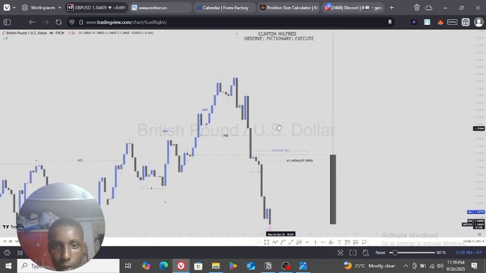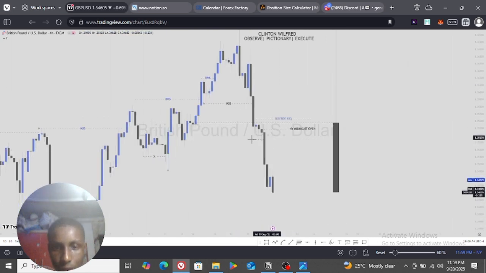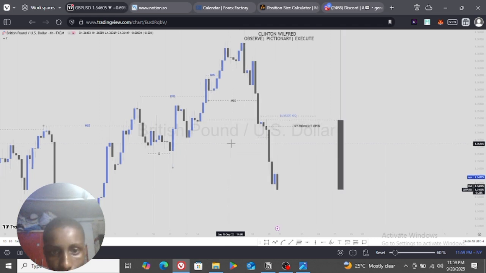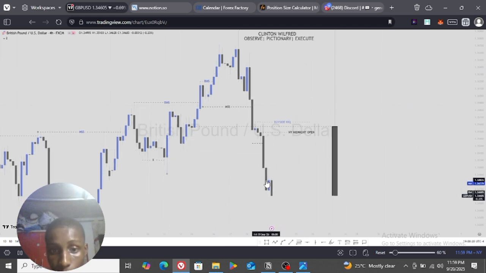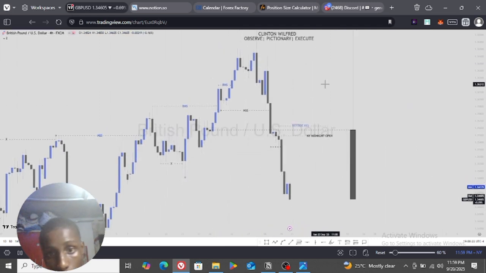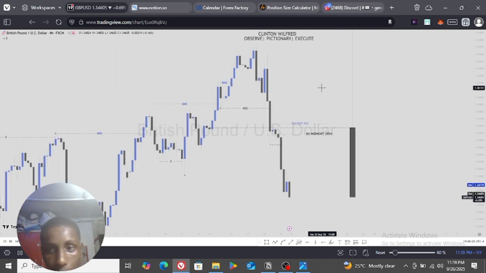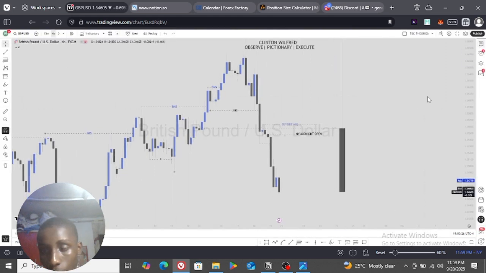As I say, you have buy side there. We just broke market structure. We have 1, 2, 3, 4 candles confirming the market structure break. Remember we took sell side liquidity on GU. So heading back to EU.